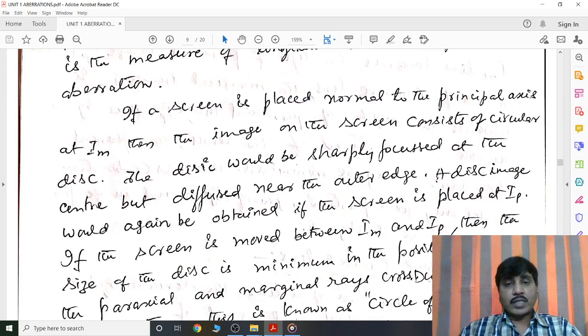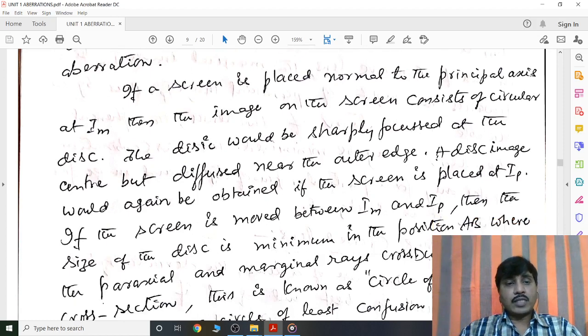If a screen is placed normal to the principal axis at IM, then the image on the screen consists of a circular disc. The disc would be sharply focused at the center but diffused near the outer edge. A disc image would again be obtained if the screen is placed at IP.